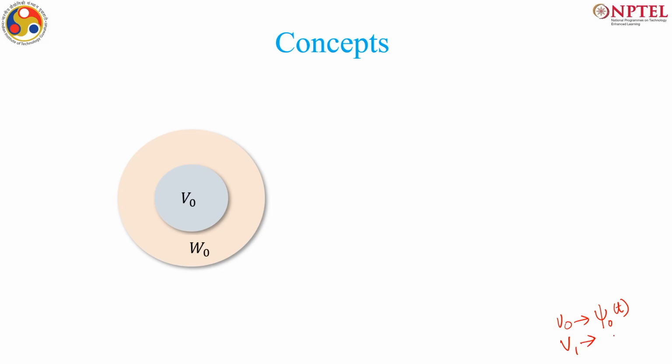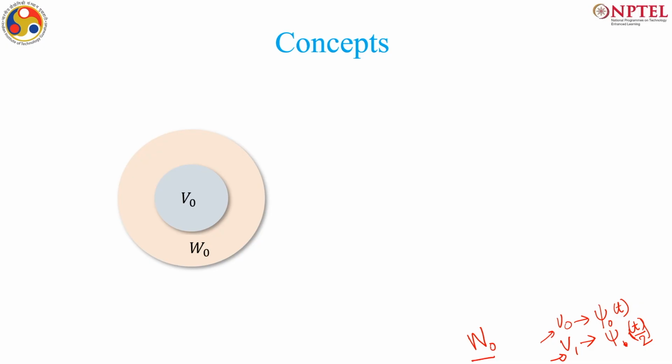So, V1 is a linear combination of psi 1 t, psi 1 t means here it is the scaled version, that here I say this is by 2 and this is the linear combination of all this. Now, if you see, there are some signals in V1 which are not present in V0, which is this annular space. So, I can call this space W0.